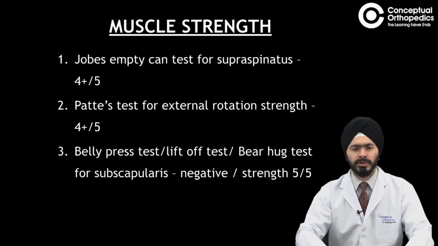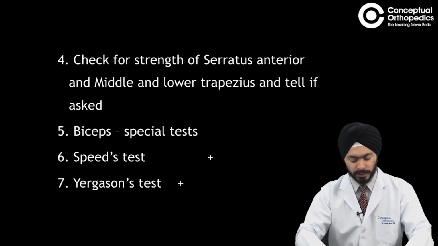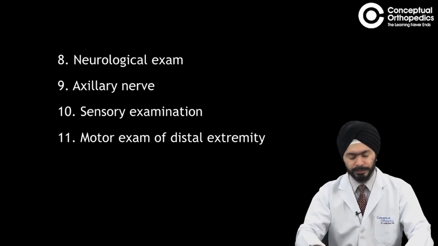Go on checking for the strength of your cuff muscles. If no associated cuff tear, the strength of cuff muscles of supraspinatus, infraspinatus and subscapularis would be normal. Check for strength of serratus and trapezius. Special tests you can do for biceps. If there is biceps tendinitis, Speed's test and Yergason's test would be positive.